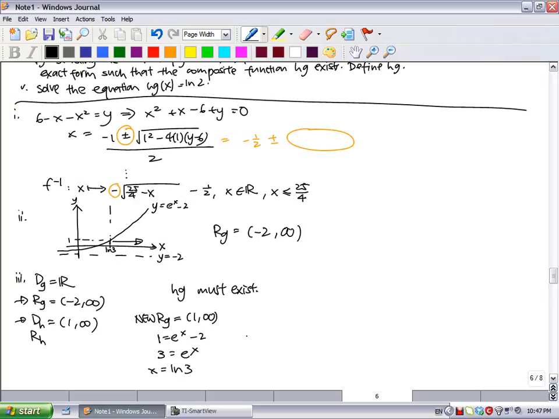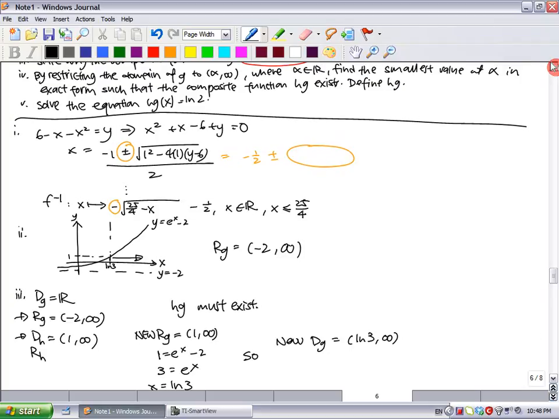So my new domain of g is going to be ln 3 to infinity. They say exact form, so I just leave it as ln 3.